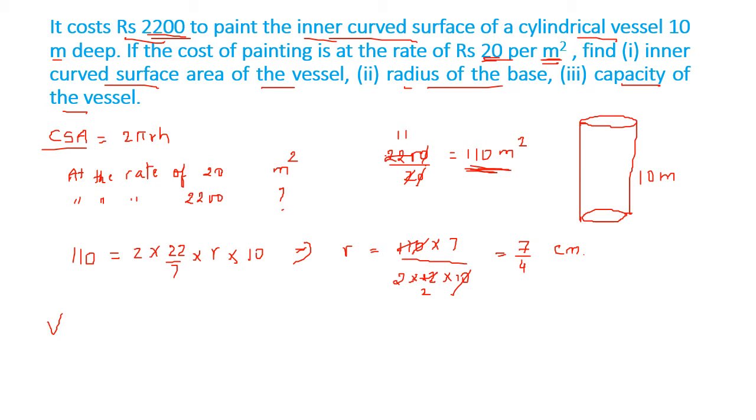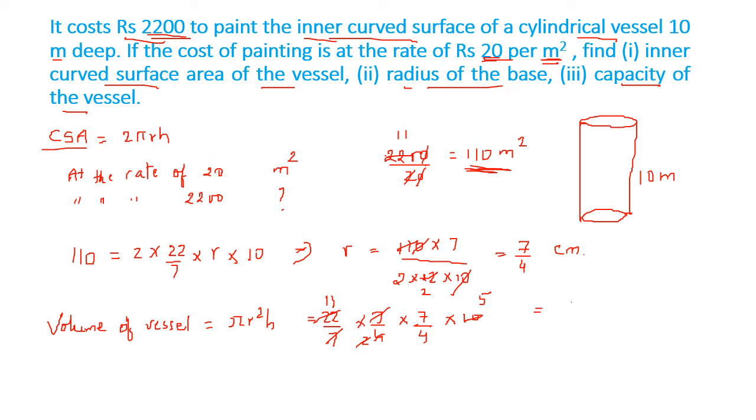Now the capacity of the vessel, the volume of the cylinder vessel. So pi r square h is 22 by 7 into 7 by 4 into 7 by 4 into 10. 7 and 7 get cut. 2 11s are 22, 2 2s are 4, 2 5s are 10.